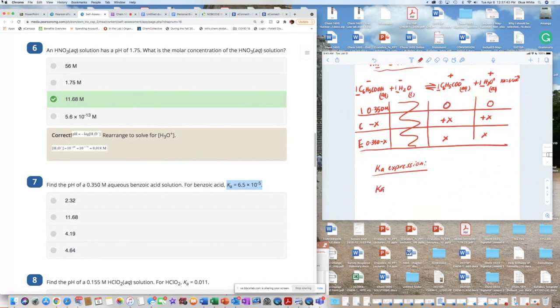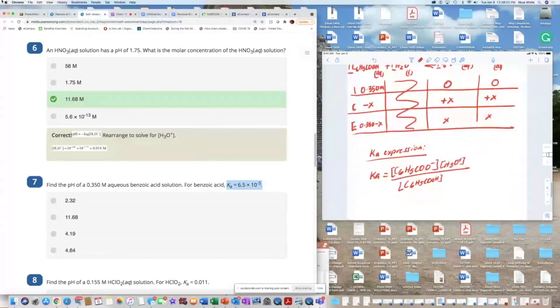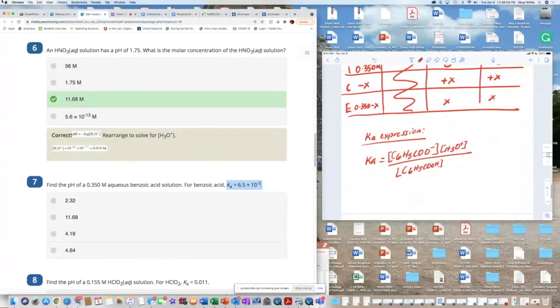Ka is equal to C6H5COO negative times H3O positive over C6H5COOH. Remember, we leave the water out. This is an equilibrium expression, so you only put the equilibrium values in here.